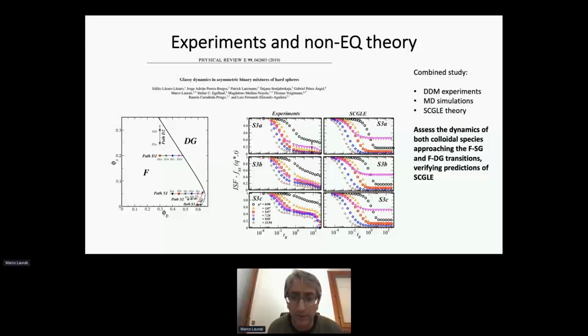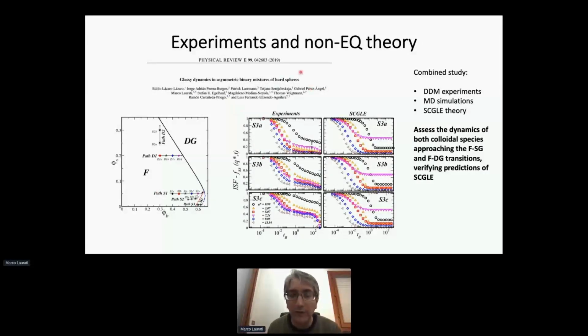And this comparison between experiment, theory and actually also molecular dynamics simulations, I think it's the first real sound confirmation of what happens when we study transitions between fluid, double glasses and single glasses in these asymmetric binary mixtures.